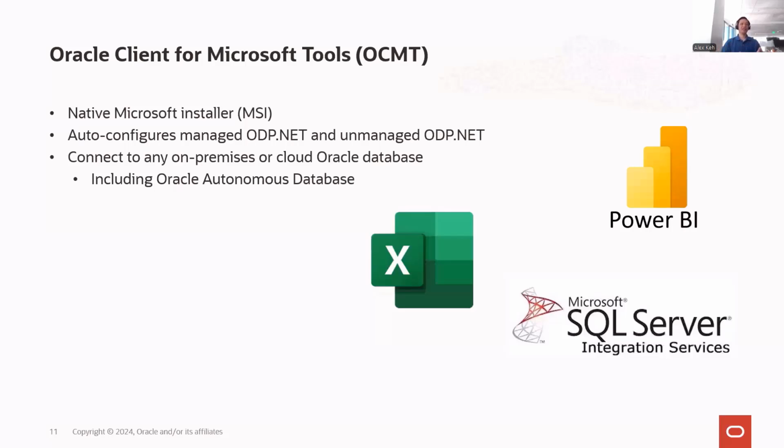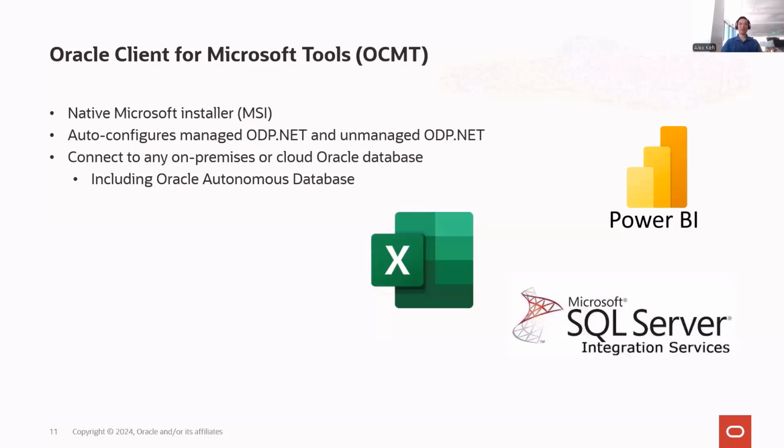Managed ODP.NET has some advantages: it's a smaller install, it supports both 32-bit and 64-bit in the same DLL, and it doesn't have to use an Oracle client. That's why it's smaller. It becomes much simpler to manage because you don't have the challenge of multiple Oracle homes on the machine as well.